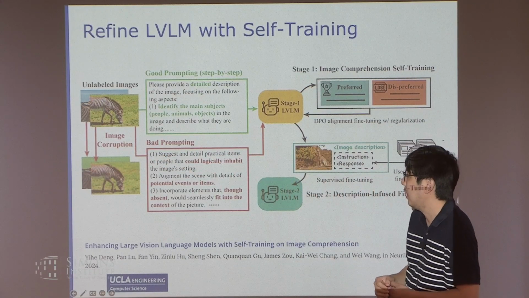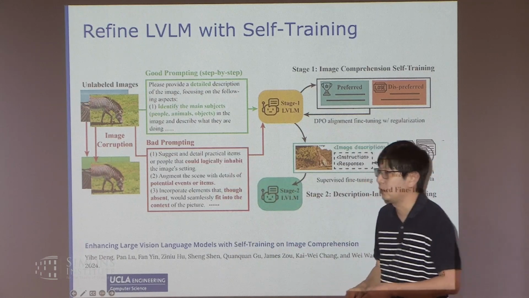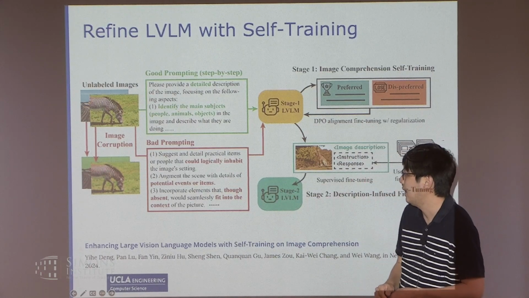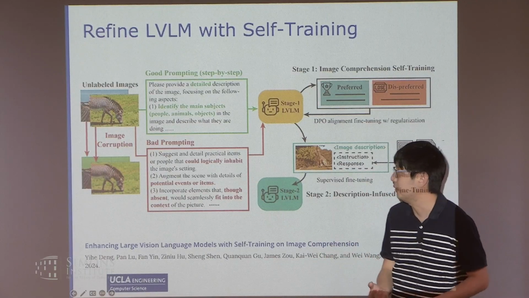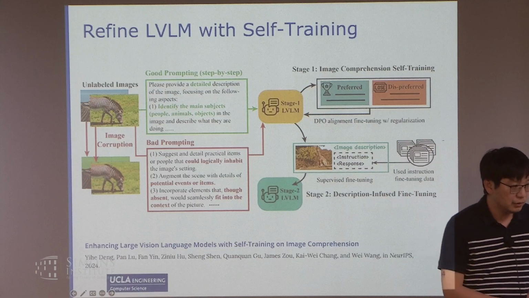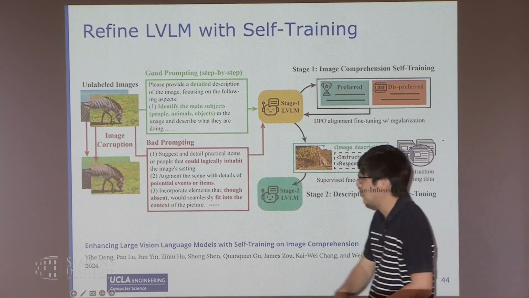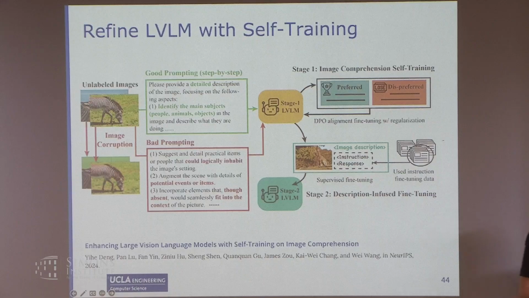Now you can ask a model to suggest some perturbations of the captions, and you can design different prompts so the model comes up with different ways to generate bad prompts. You can also make the image more fuzzy so that the model cannot see all the details, and it will generate something wrong.